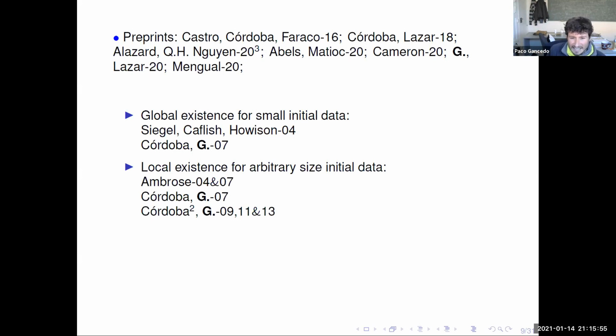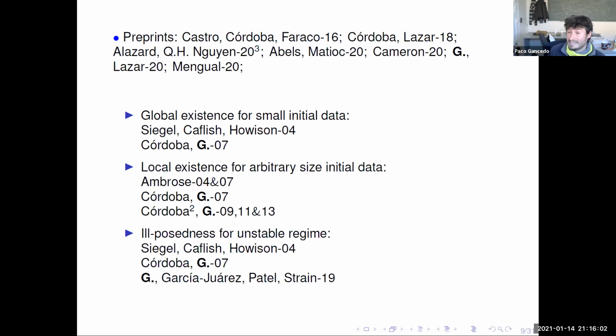Okay, for large data, you can have local solutions. The contour dynamic equation is ill-posed in an unstable regime, when this Rayleigh-Taylor condition is not satisfied, when we have the denser fluid above, or the less viscous fluid pushing the more viscous fluid, even with very, very regular interfaces.